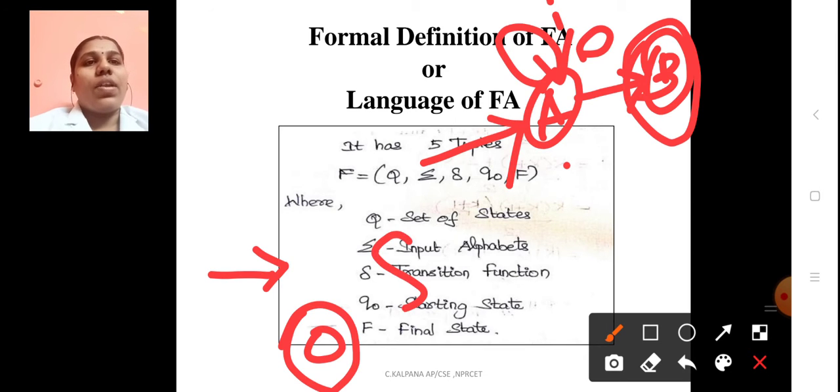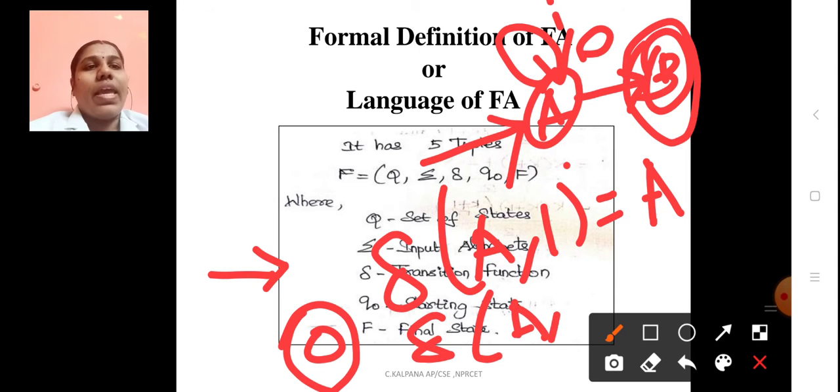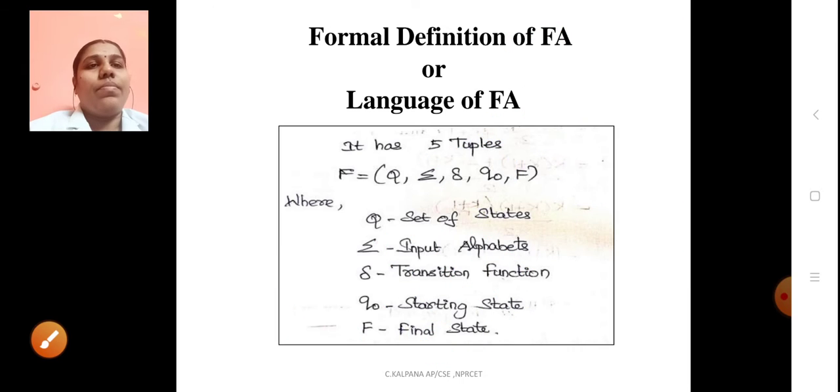Where the transition function is del of A comma 1 equal to A. That is the movement from A on the input symbol 1 which goes to the same state A. And del of A comma 0 is B. A comma 0, the input 0 passes from A to B. That is the transition function of this following diagram.